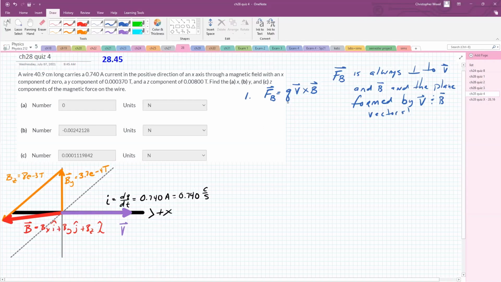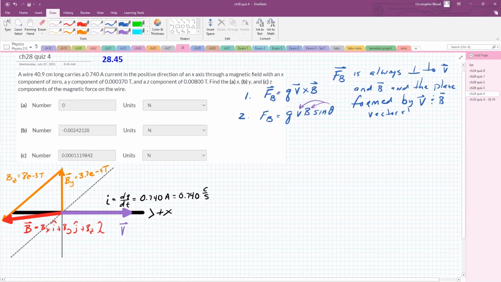All right, so I will go to just magnitudes. The magnitude of the magnetic force equals QVB sine theta, where once again, as a sidebar, theta always refers to the angle between those two vectors.